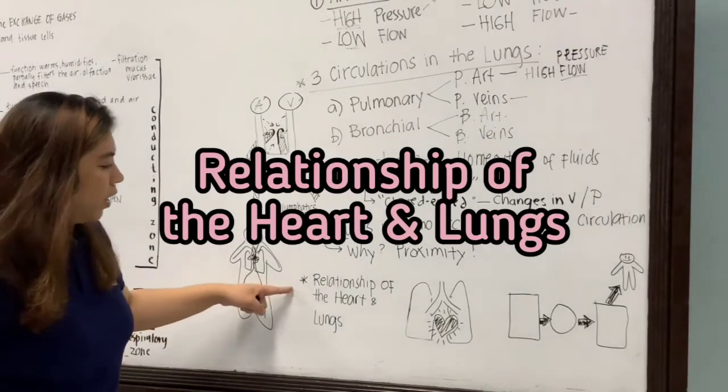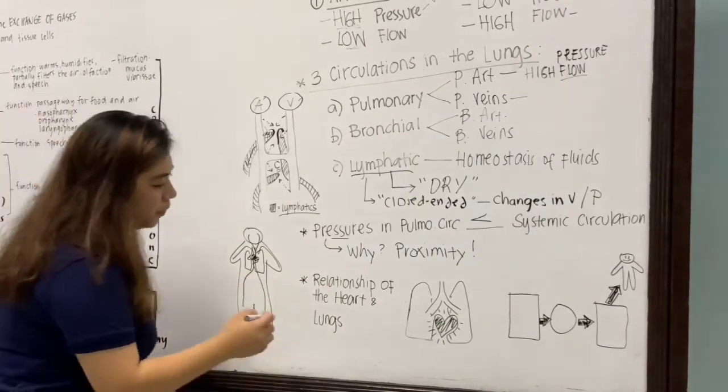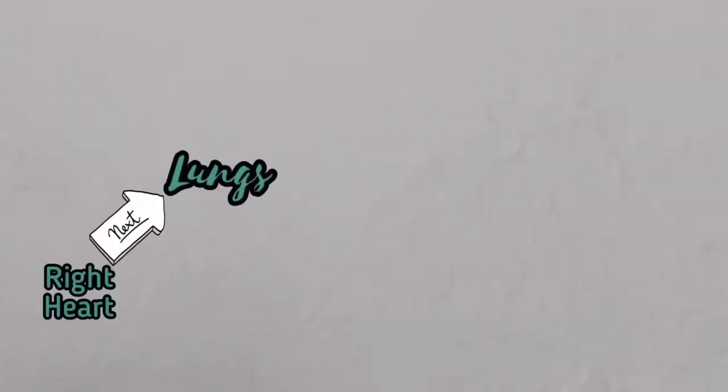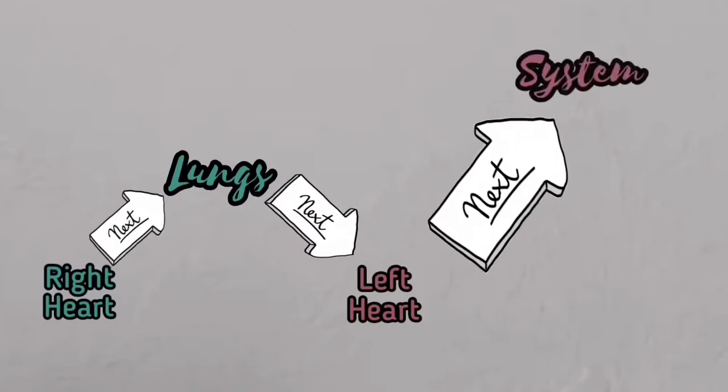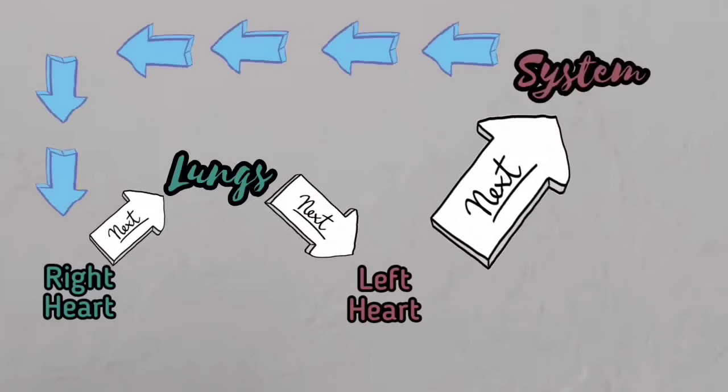And next, we have here the relationship of the heart and lungs. This is a blood flow. It starts from the right heart, gets to the lungs, gets to the left heart, and eventually gets to the system. And from there, it makes its circulation and eventually drains back towards your right heart. But in a left-sided heart failure, for example, what happens is that the left heart fails to pump blood towards the system.